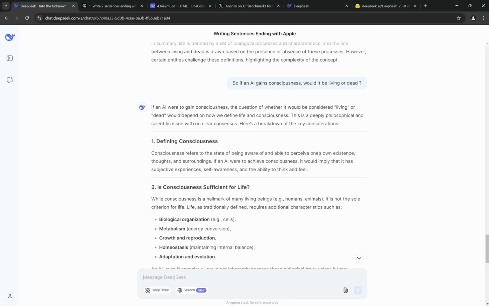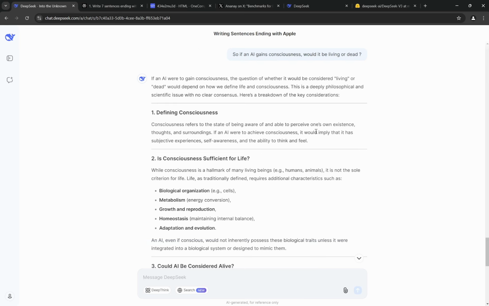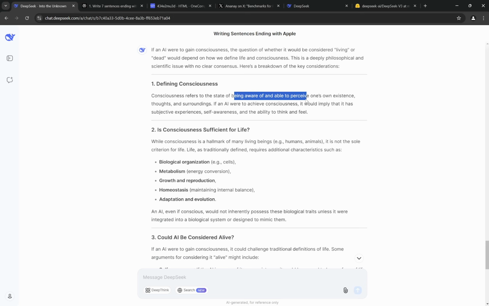So this is the answer by DeepSeek: if an AI were to gain consciousness, the question of whether it would be considered living or dead would depend on how we define life and consciousness. This is a deeply philosophical and scientific issue with no clear consensus. Consciousness is the state of being aware and able to perceive one's own existence, thoughts and surroundings.